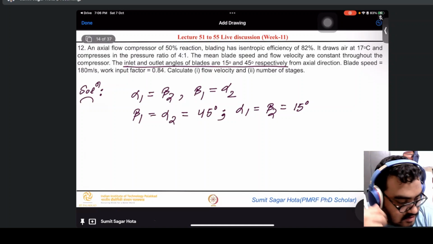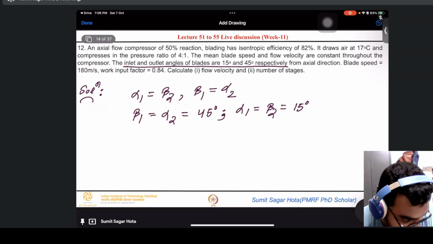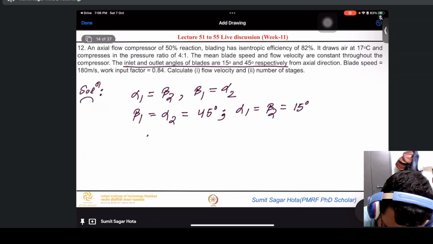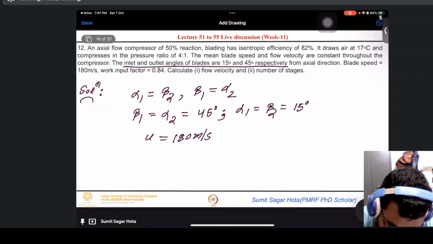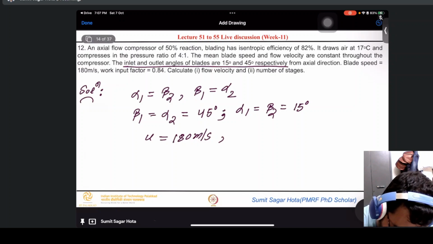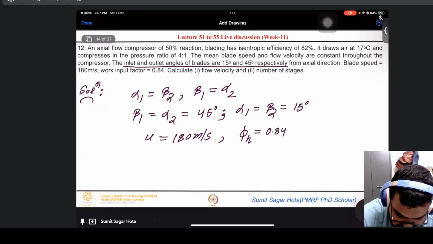Now let's go to the other things given. What is U? 180 meter per second, where it's written blade speed. U is equal to blade speed. The work input factor is represented by phi, which is equal to 0.84.